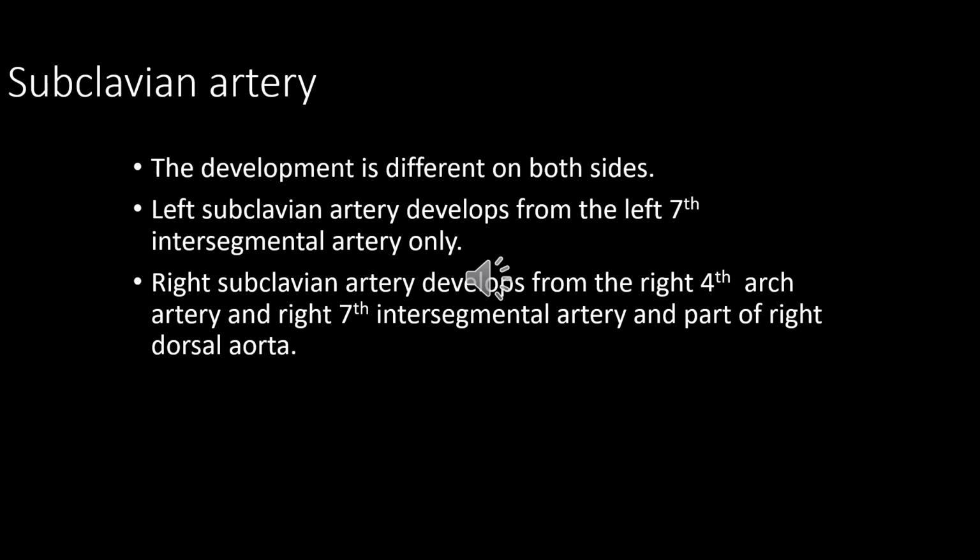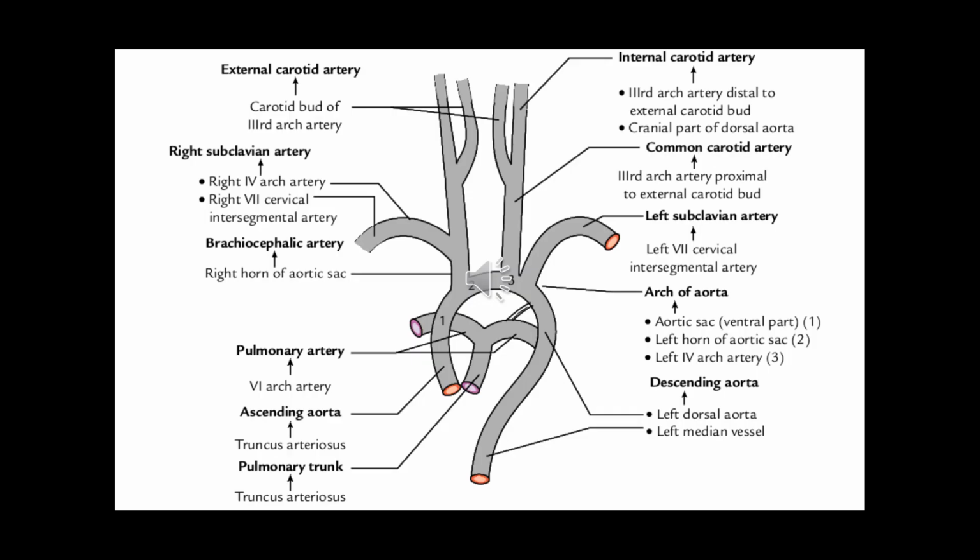So right subclavian artery has multiple origins in its development, that is the right fourth arch artery, right intersegmental artery, and also a small part of the right dorsal aorta. In this diagram, we can concentrate on the development of the subclavian artery.